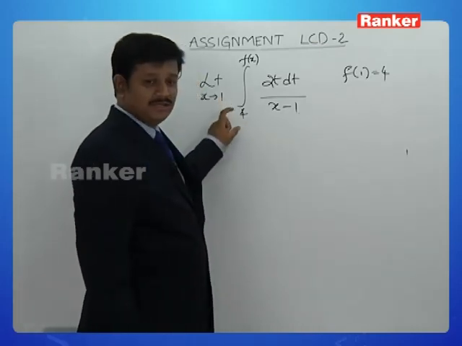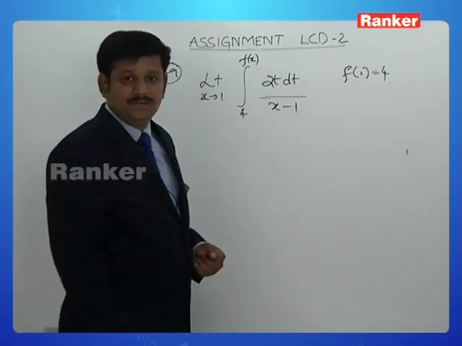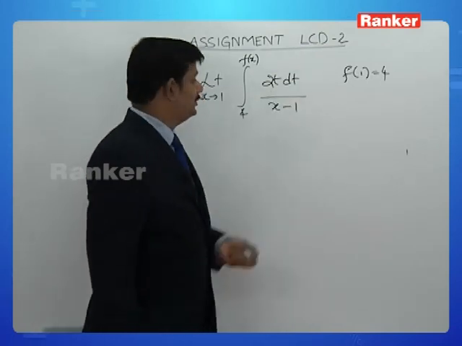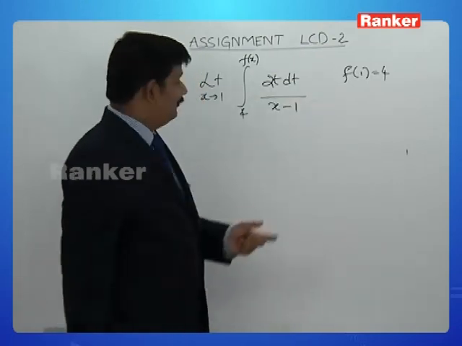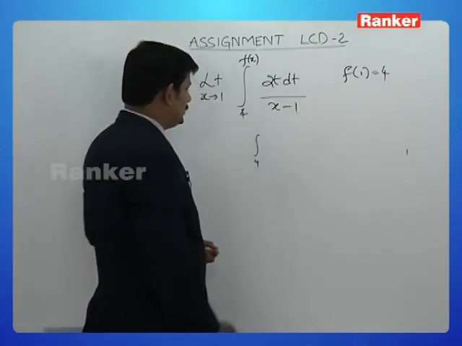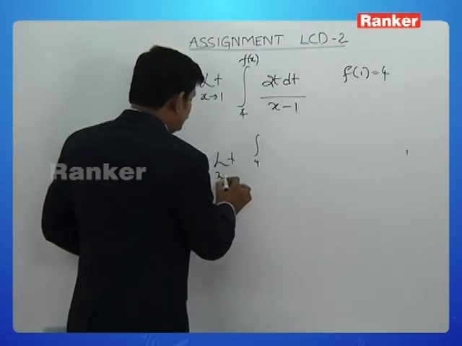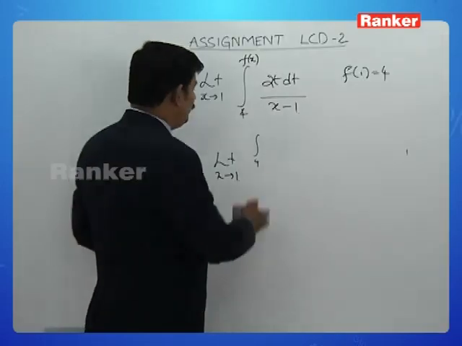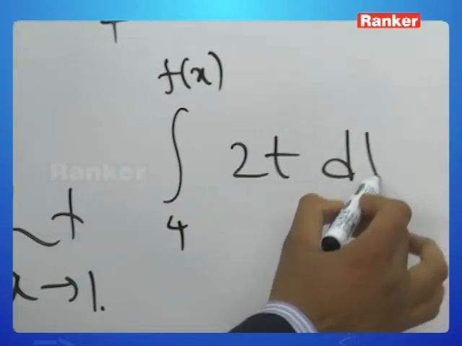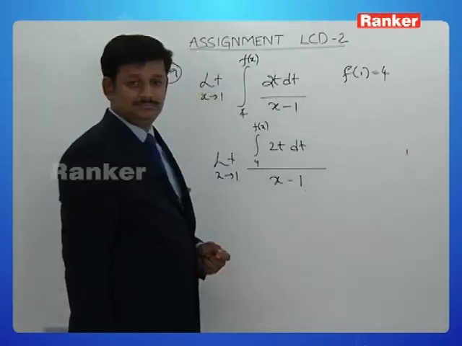Now, observe the integral. In this integral, we are integrating with respect to the variable t. So, x minus 1 is independent of the variable, and we can bring x minus 1 out of the integral. So, this limit we can write as the limit as x tends to 1 of the integral from 4 to f of x of 2t dt, whole divided by x minus 1.